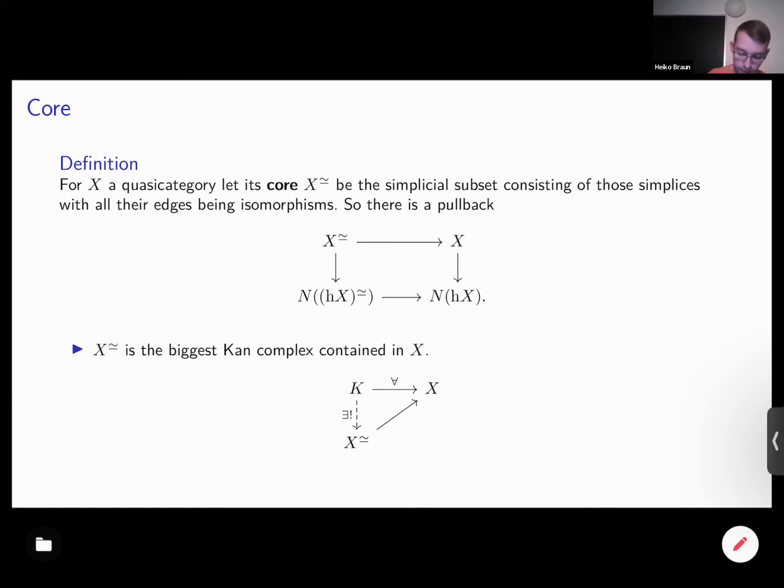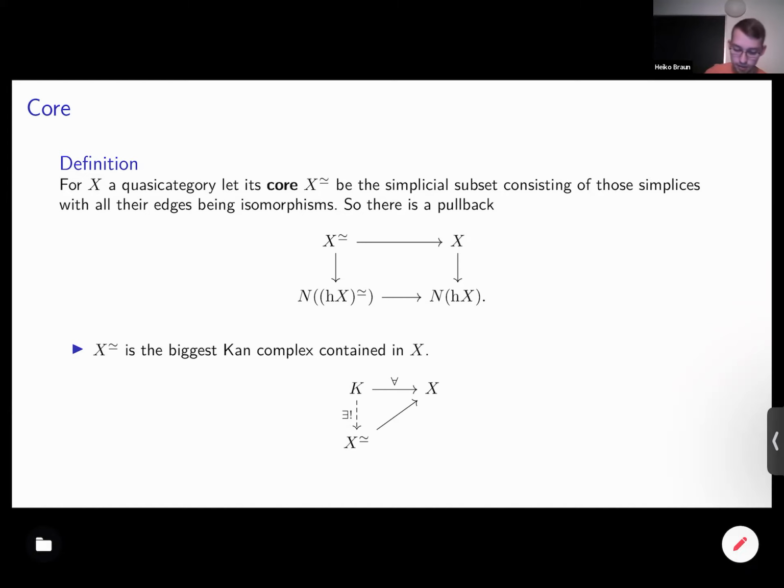And we can write it like this. I didn't say this: actually, h is adjoint to N. You can also define h for all simplicial sets, while N is the nerve of a category. I didn't say this earlier, but it holds.